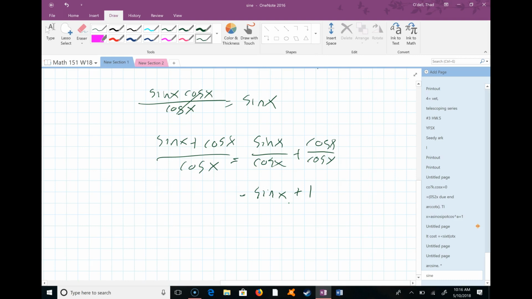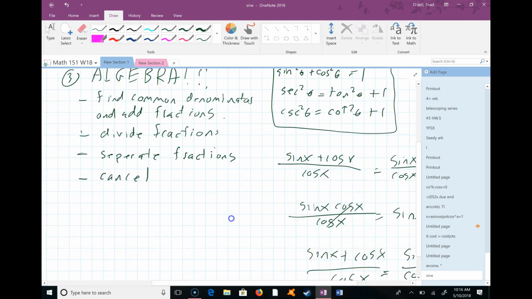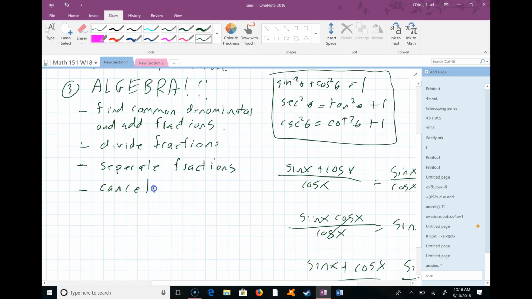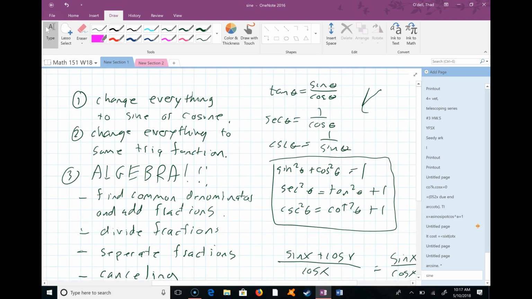All right. So that's the main moves. Canceling, I guess I should say there. Did I spell that right? Cancel. Yeah, I think so. So that's the main algebra moves. And again, why I threw them all into one, because usually what happens is we do one of the first 2 moves, and then we look at what presents itself.